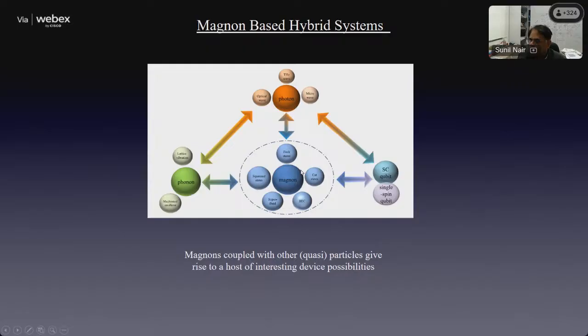Magnons coupled with these kinds of quasi-particles can give rise to a number of different device architectures which can have utility in real-world systems, especially because they are ultra low dissipation platforms, and that is the reason why magnons have a lot of promise.